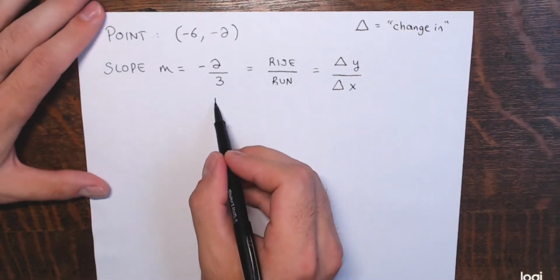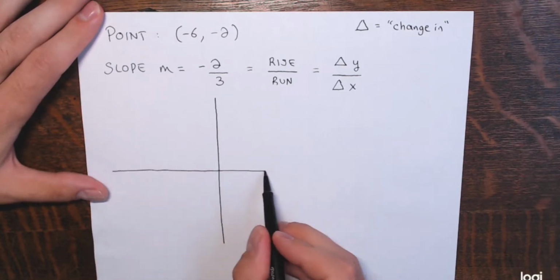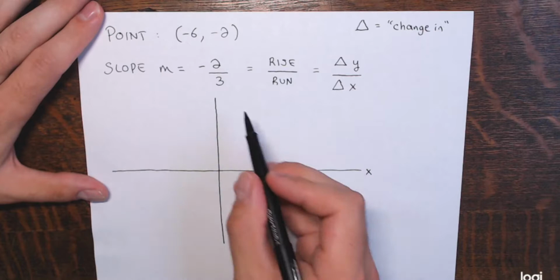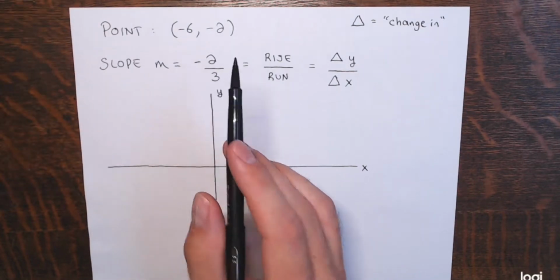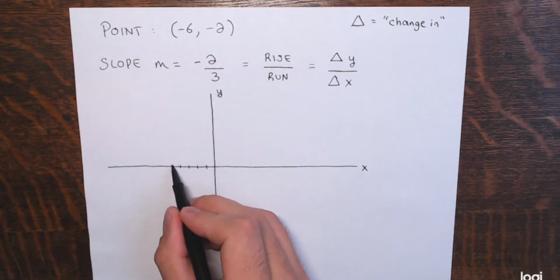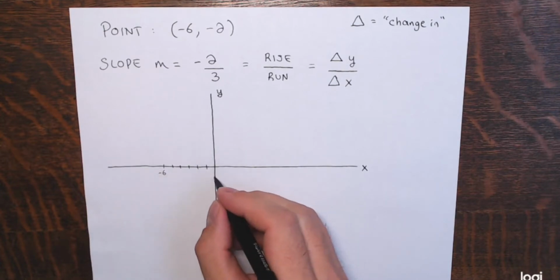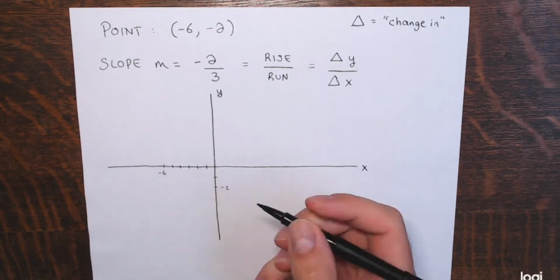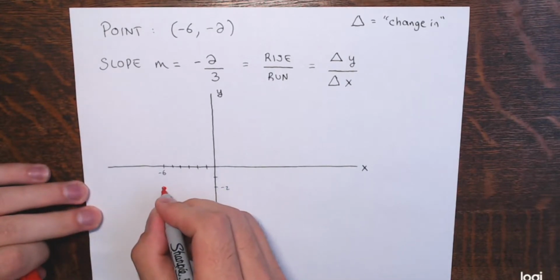So when I'm on a graph, and I'll make a rough XY coordinate plane here, first I'll plot the point -6, -2. So -6 on the x-axis, so that's left 6 from the origin, and then -2 on the y-axis. So that's this point here, -6, -2.